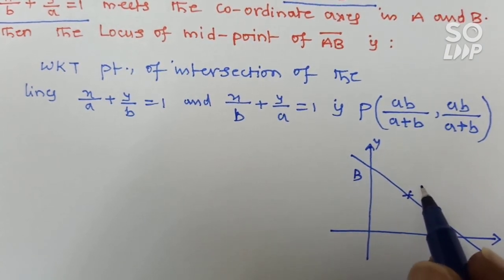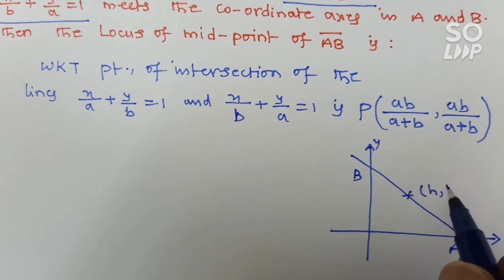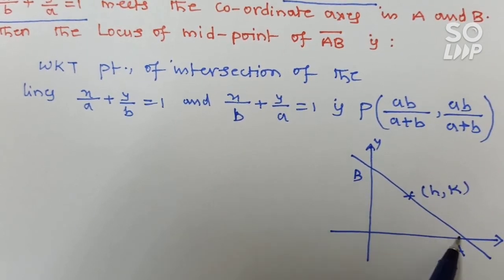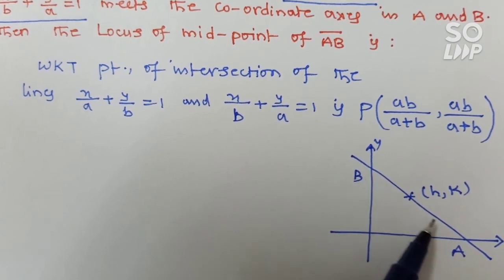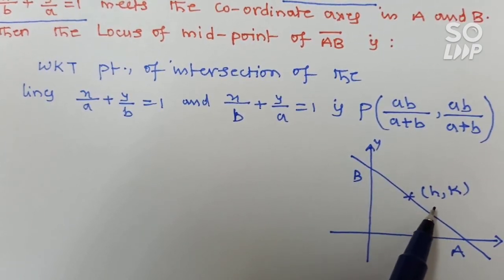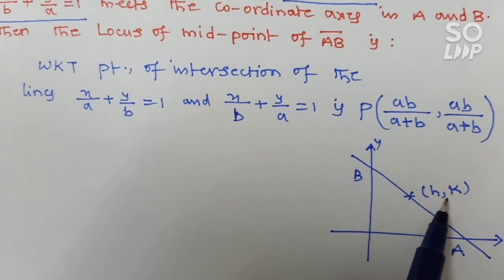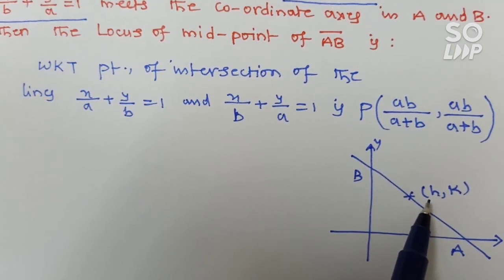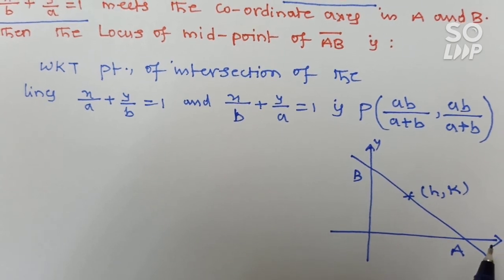Suppose the midpoint of AB is h comma k. We already know that the line segment between the axes is bisected by the point, say x1 comma y1. So what is that equation? x by x1 plus y by y1 is equal to 2.